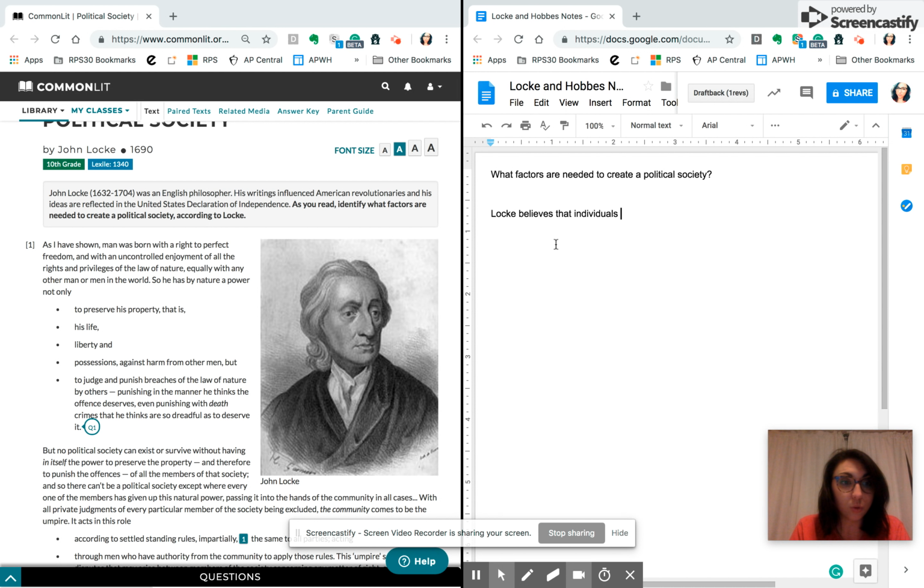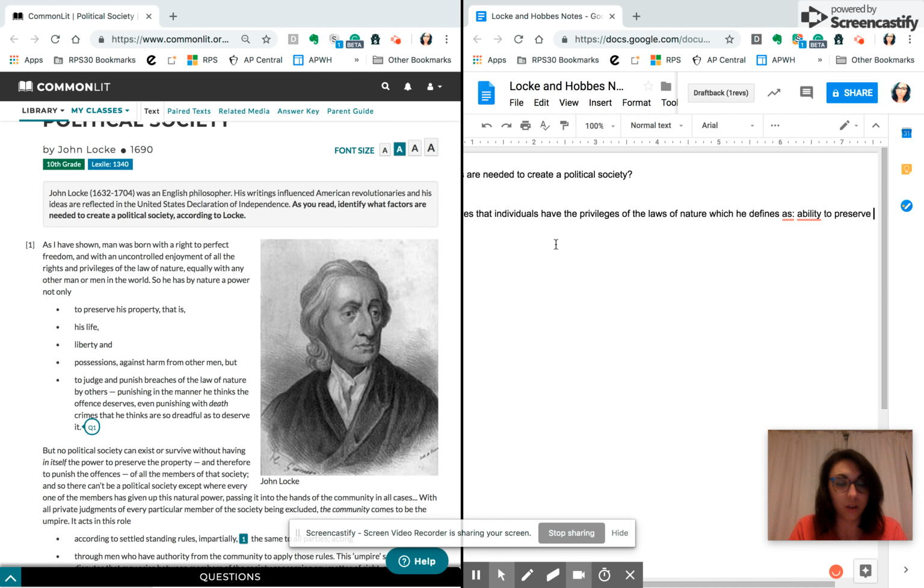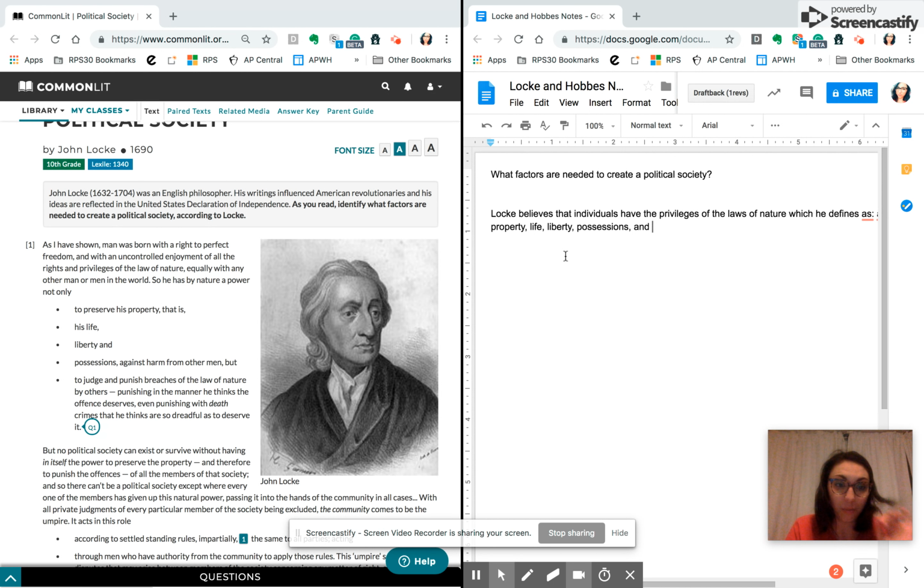Locke believes that individuals have the privileges of the laws of nature, which he defines as the ability to preserve property, life, liberty, possessions, and he believes that people have the right to punish others.